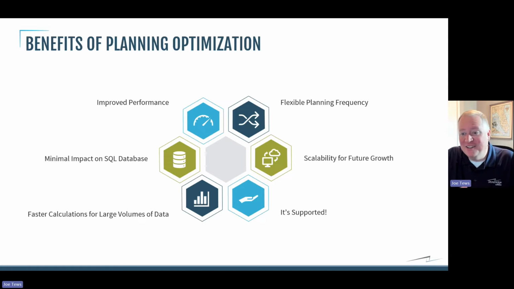So besides the supportability aspect of it, there are some additional benefits to the planning optimization engine. The first and foremost is going to be improved performance. The planning optimization functionality really is allowing us to pull those master planning calculations outside of the supply chain management system.